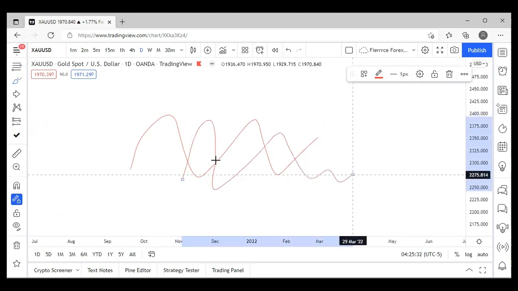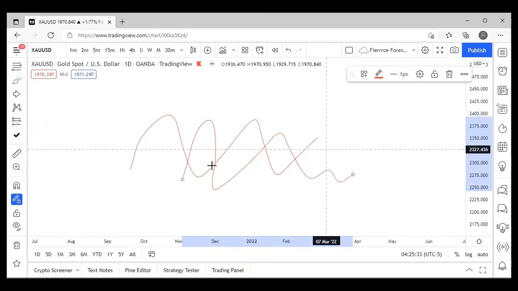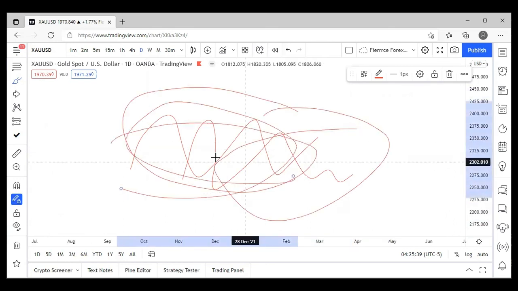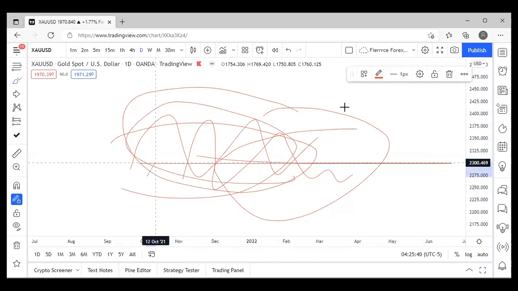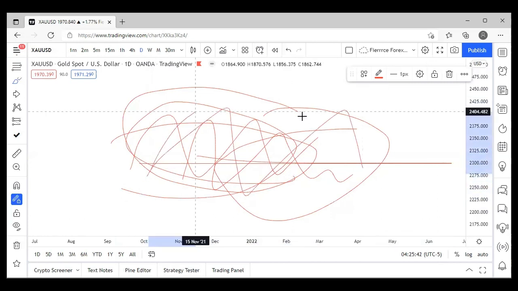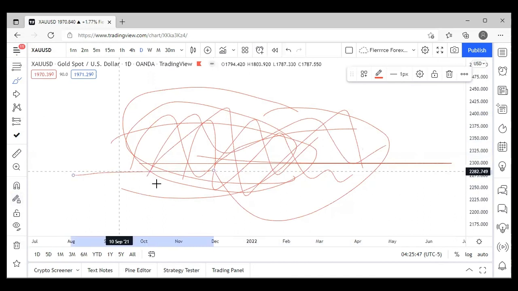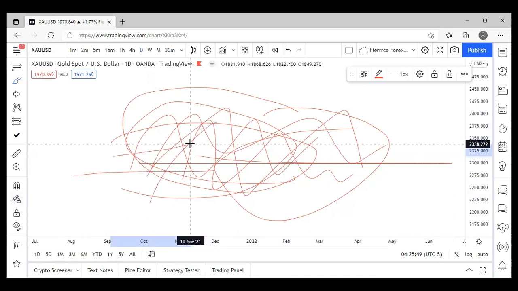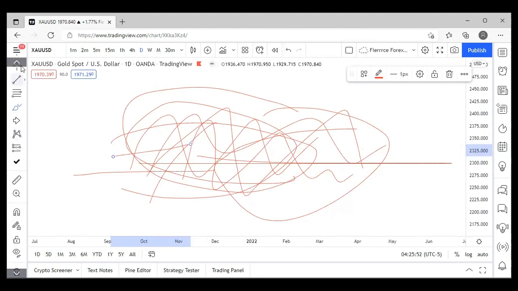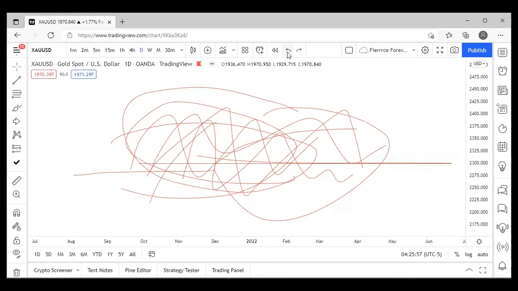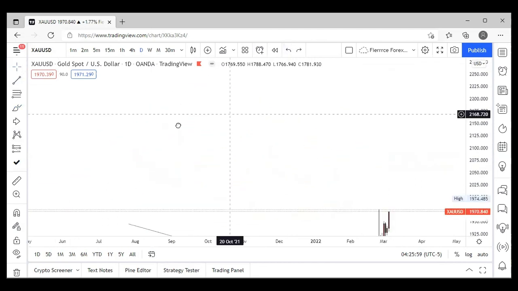Right now I'm trying to scroll and I can't scroll. Does that make sense? Every time I try to scroll, it just draws instead. But if I remove this, I can move that. So this allows you to draw and stay in that mode.